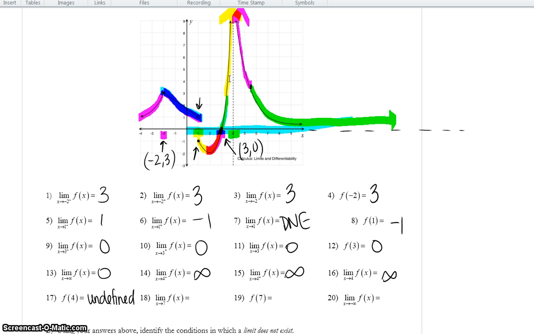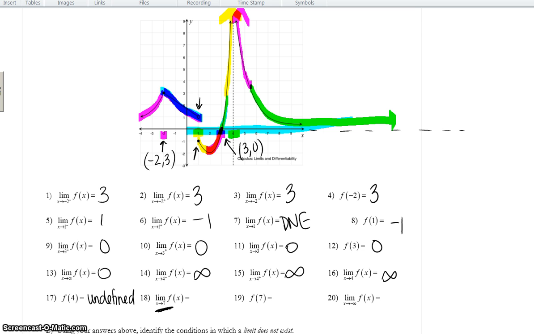And number 18, the limit as x approaches 7 of f of x. When it asks for something like this, without saying left or right, we have to look at our left and right-hand limits.